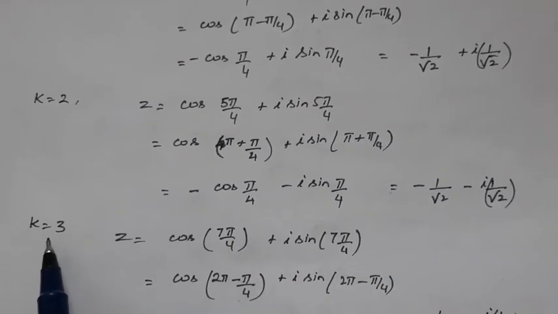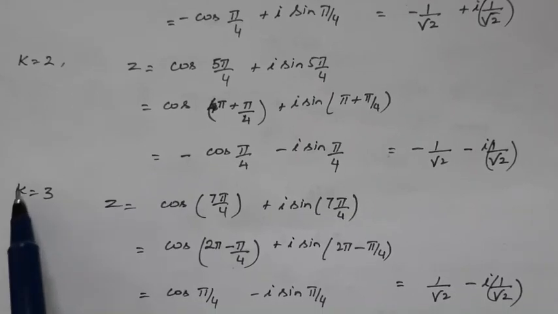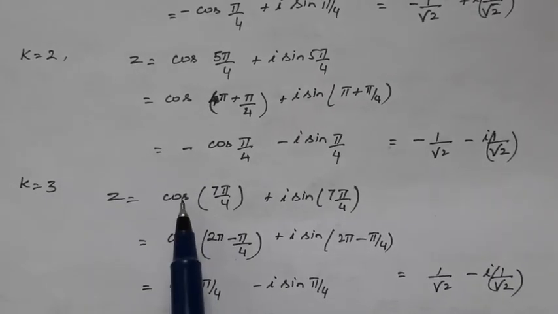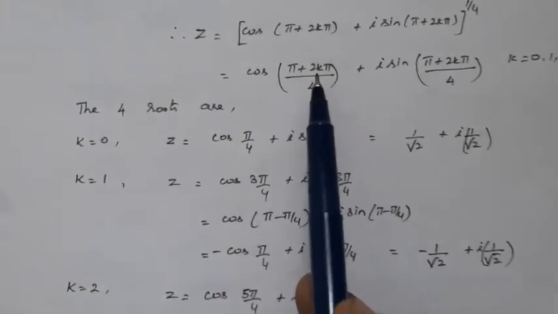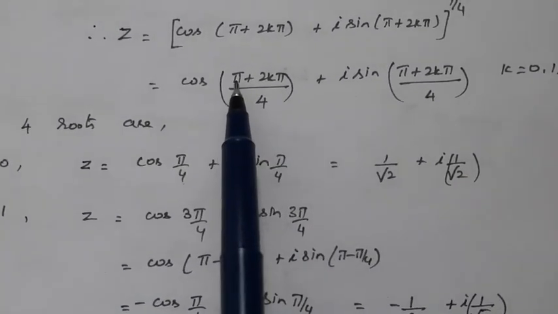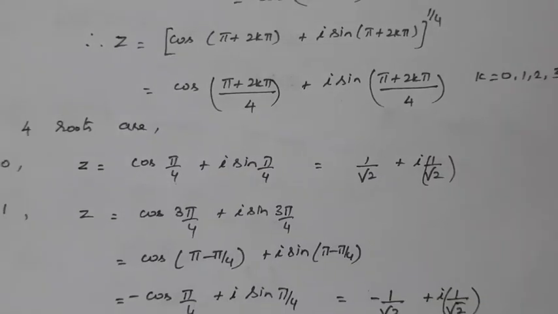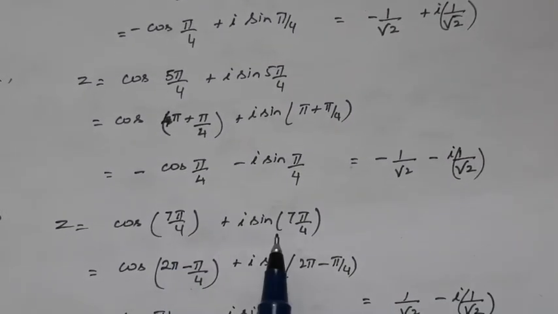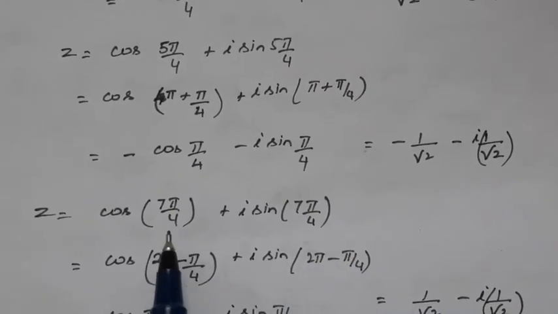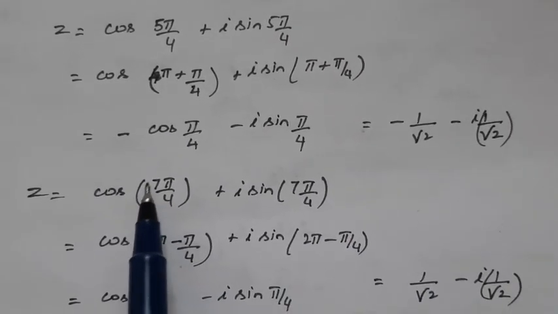Now, the fourth value is obtained by substituting k is equal to 3. Then 2 3s are 6, 6 plus 1 is 7. So it will become cos 7 pi by 4 plus I sin 7 pi by 4. Let us split that: 4 2s are 8, 8 minus 1 is 7.